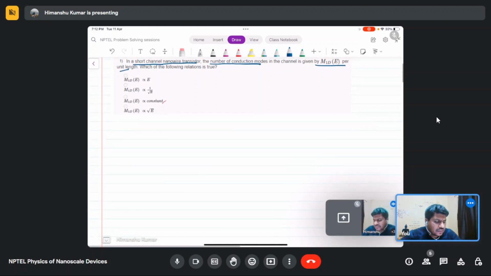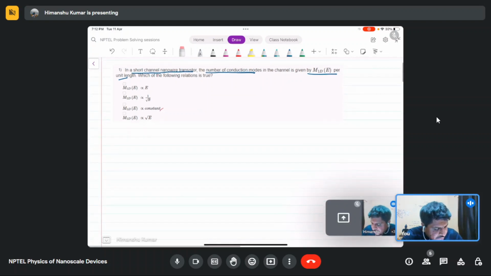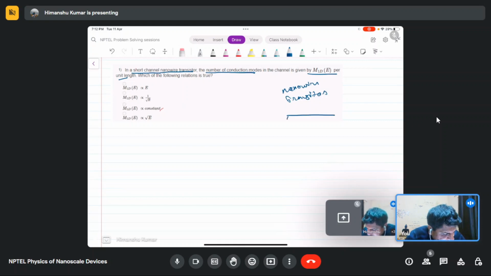As you have seen, this is a nanowire transistor. The nanowire transistor is basically where you have only the length direction.